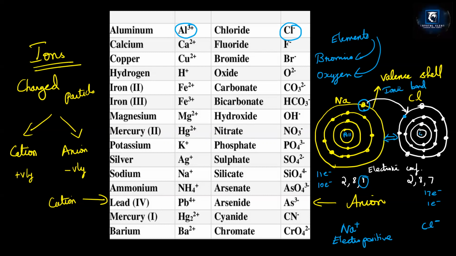And if you see chlorine, here the number is 17, still it is 17 only. But outside what happened? It has gained 1 electron. So it has become electronegative. Okay, and they both will bond with a bond called ionic bond and they become NaCl, sodium chloride compound, right?